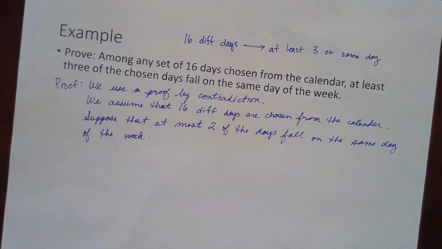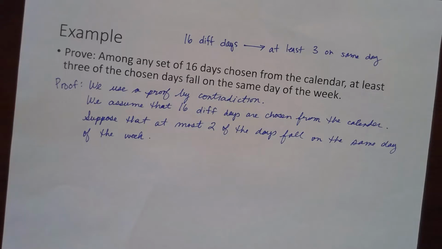That means we can have at most 2 on Monday, at most 2 on Tuesday, that kind of thing. So you've got 16 different days, and the maximum that can share any day is 2. So what's the least number of days that could cover?